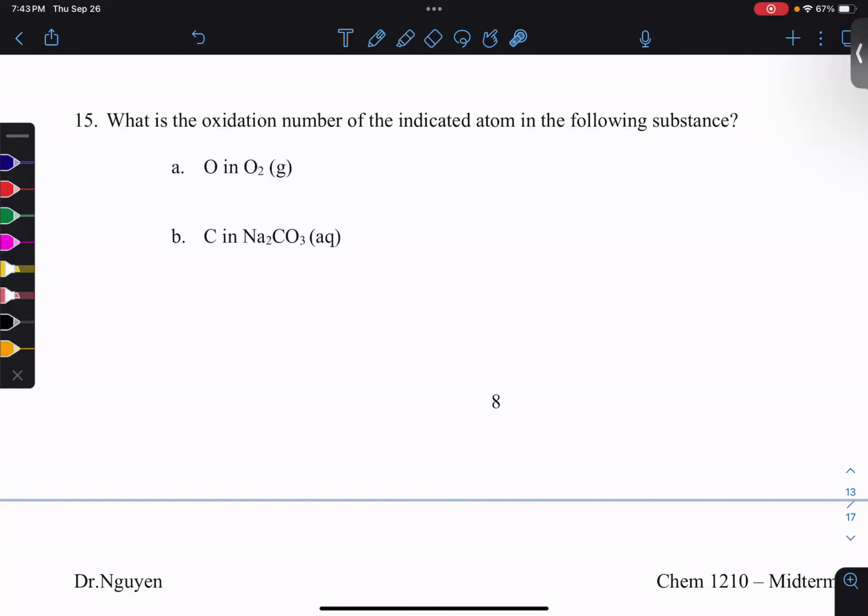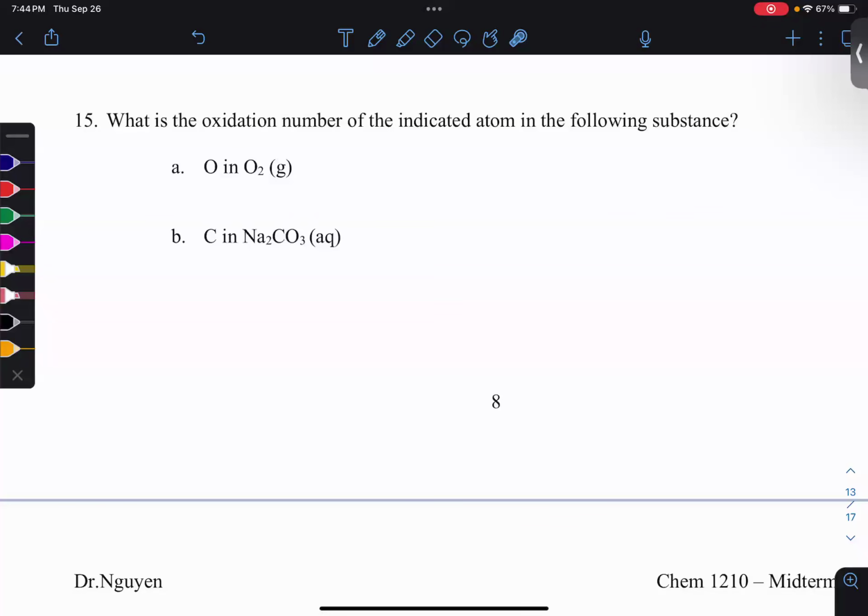And so isn't that weird? I gain something, but I become more negative. I don't like that. So that's why I just track oxidation numbers. If you track an element and its oxidation number goes up, it's oxidized. If its oxidation number goes down, it's reduced. It's as simple as that. I understand numbers. I understand when they go up or down. So that's what I'm going to do, track those oxidation numbers to figure out what's oxidized and reduced.